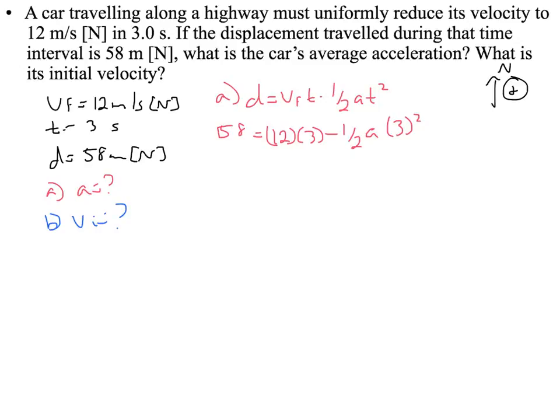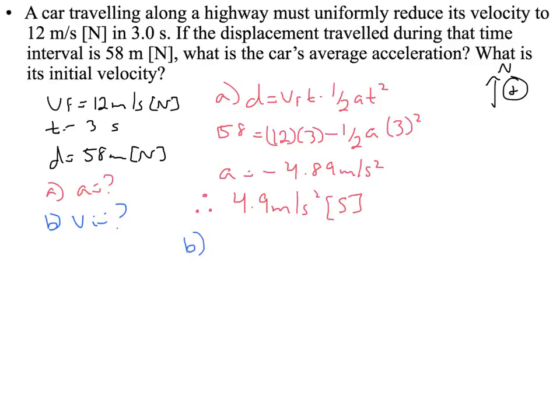We do some rearranging, A equals negative 4.89 meters per second squared. Now, since it's negative 4.89, and since we need 2 sig digs, the acceleration is actually 4.9 meters per second squared south, because it's in opposition to motion.